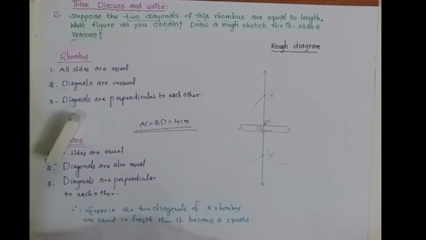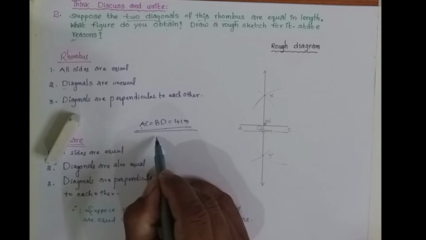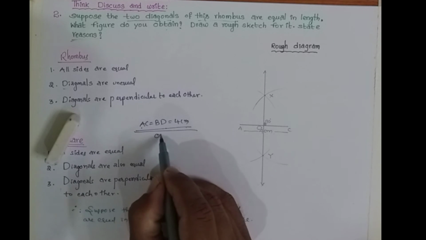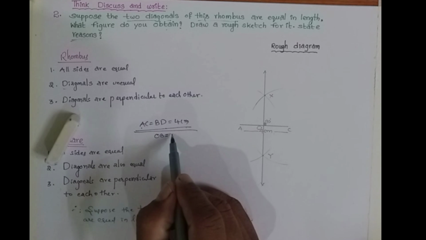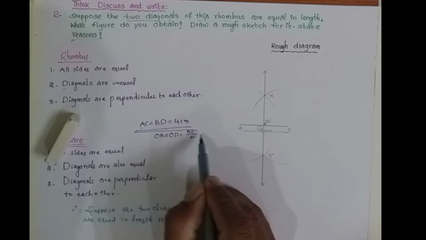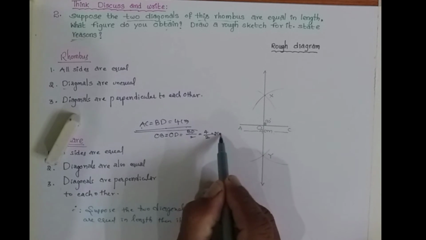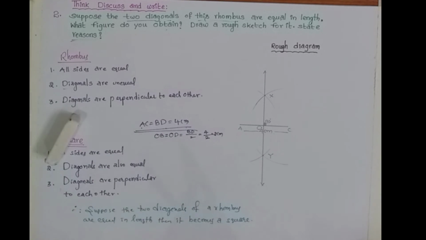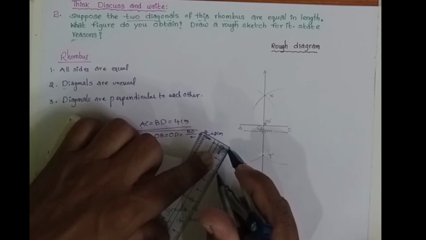Now we know that since BD is a diagonal of square ABCD, OD equals half of BD. That is, BD is 4 centimeter, half of 4 is 2 centimeter. Now set the compass to a radius of 2 centimeter.